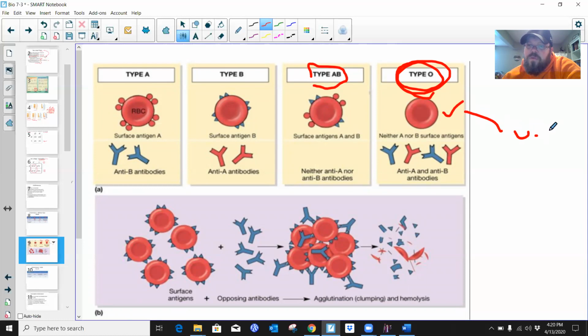If the American Red Cross ever finds out that you're type O, they will be after you for the rest of your life because they want your blood, because type O can be transfused or used into any individual, okay? Because it does not get rejected. But these other blood types will. You can't put type A blood into a person that's type AB. You can't put type B blood into a person that's type A, and so on. Okay.